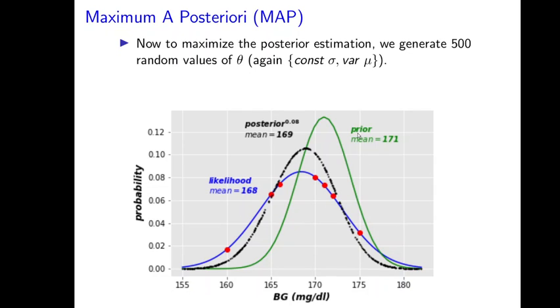On the other hand, the prior distribution represents only a single value, a single blood glucose value, or a single observation in our data set. And this draws a very important fact about Bayesian inference, which is the bigger the data you have, the closer the posterior will be to the likelihood than to the prior.